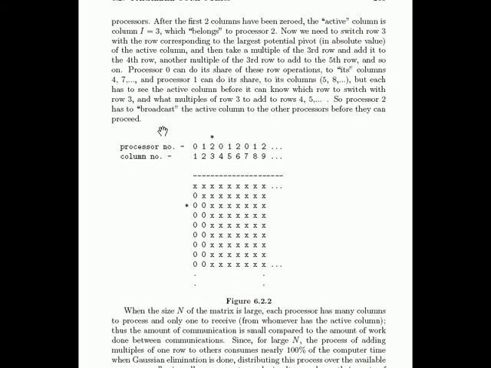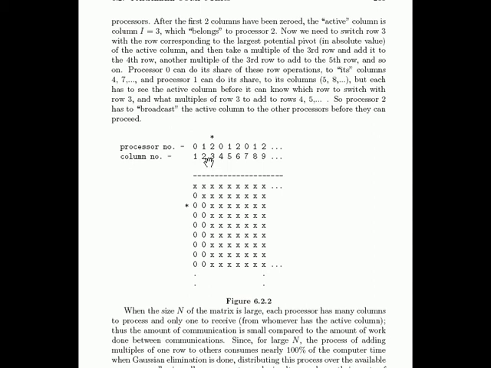So let's say there are 3 processors, and processor 0 gets the first column, processor 1 gets the second column, 2 gets the third column, then back to 0, 1, 2. So the columns are distributed over the processors, and processor 0 only keeps up with the first, fourth, seventh, etc. columns, and it won't even know what's going on in the other columns.